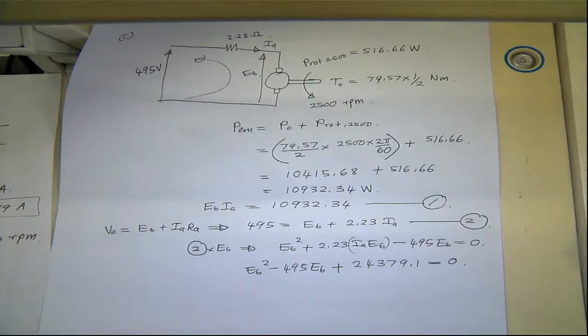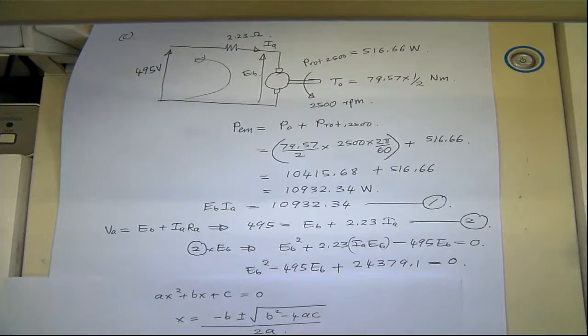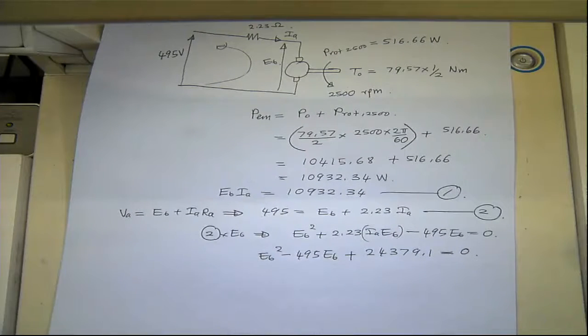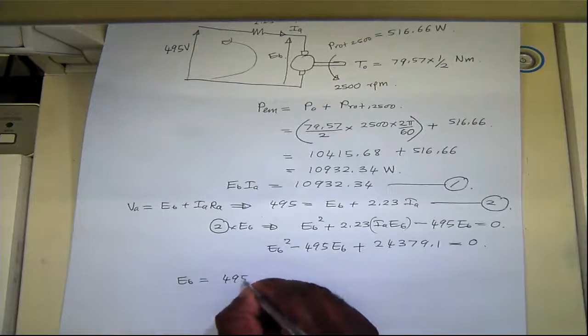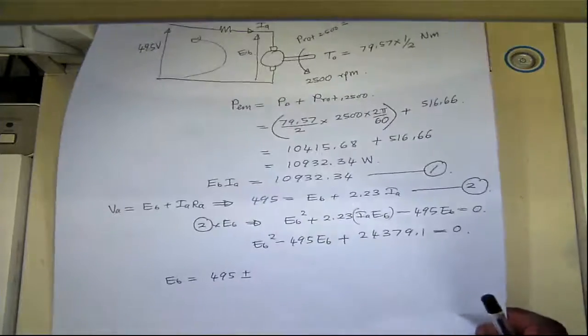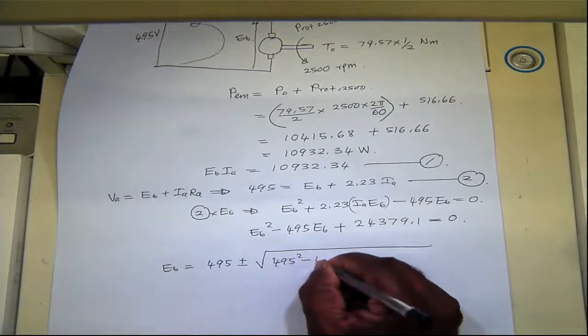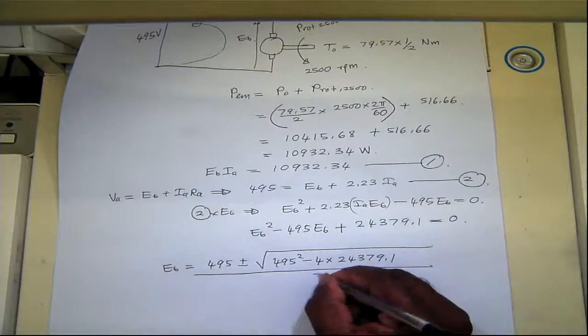Compared with the previous one, only this term changes. The other bits are the same. Then again, if we apply the solution, you'll have EB equals 495 plus or minus the square root of 495 squared minus 4 times 24379.1, all divided by 2.